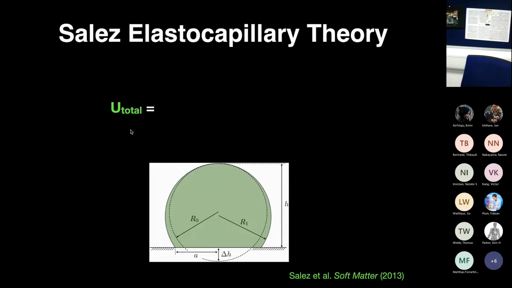To summarize that theory briefly, there must be a total energy equal to an adhesion component related to the area of contact you establish here, just as in the classic Johnson-Kendall-Roberts adhesion theory, versus an elastic energy penalty caused by the deformation of the sphere from its original size to a spherical cap with radius R1. And then also a capillary energetic penalty caused by the increase of the surface area from your original sphere to this deformed spherical cap shape.